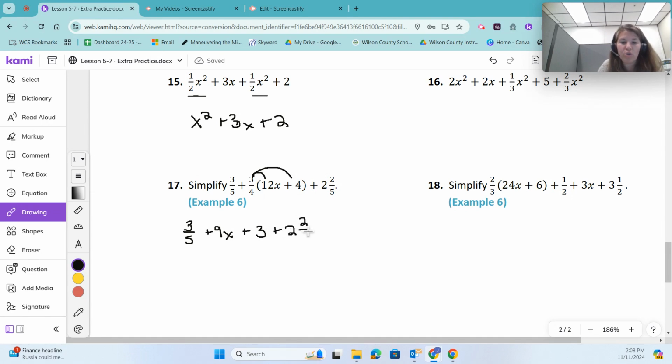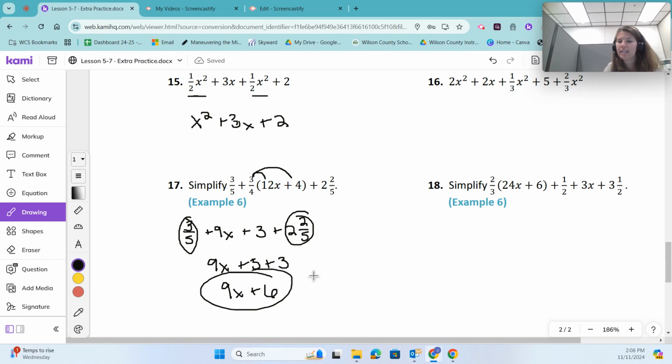Plus 2 and 2/5. Then I combine like terms. I'm going to combine my 3/5 and my 2 and 2/5 first because 3/5 plus 2/5 is 1. So this equals 3. So I have 9x plus 3 plus 3. Because they're all addition, I could do it out of order and it didn't matter. Then 3 plus 3 is 6. 9x plus 6. And you can try 18 on your own.